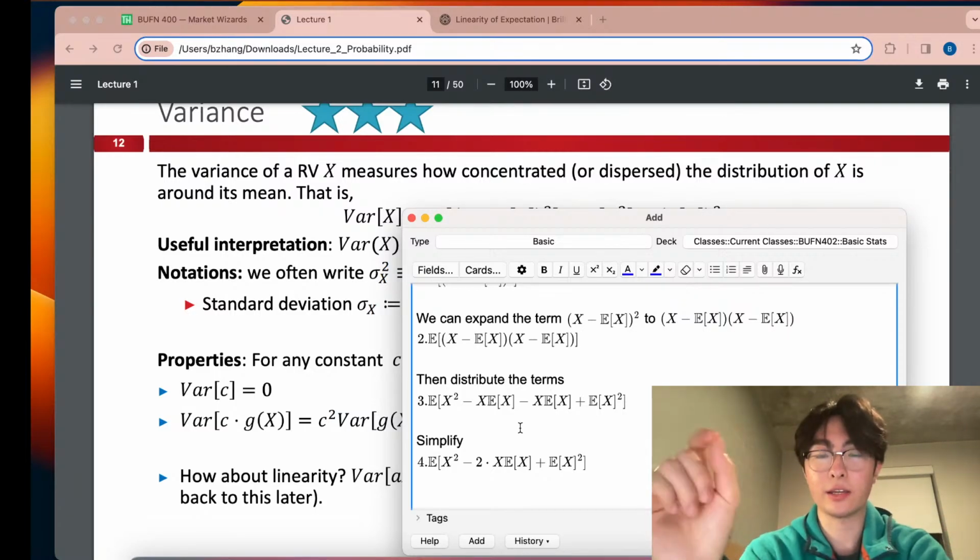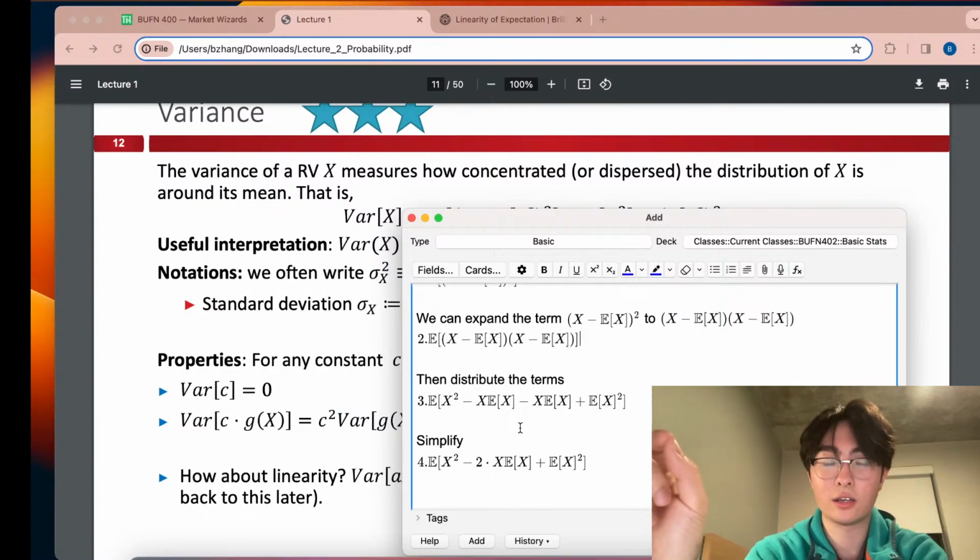Okay, so the expectation of an expectation is just equal to that, right?